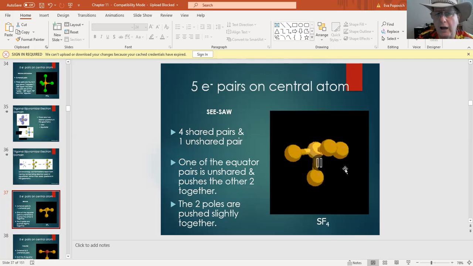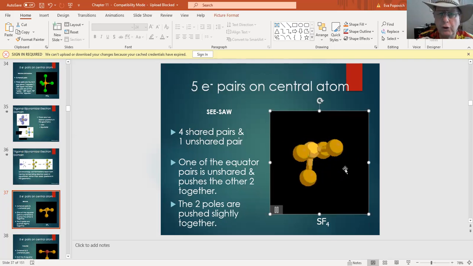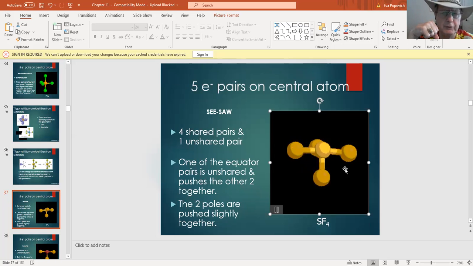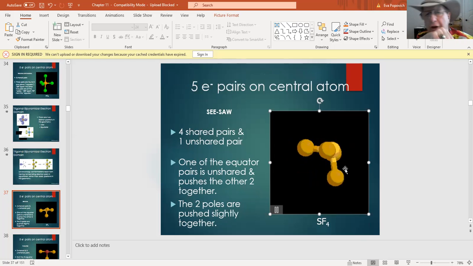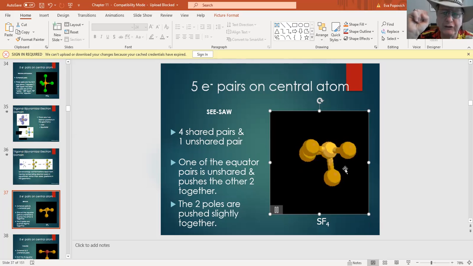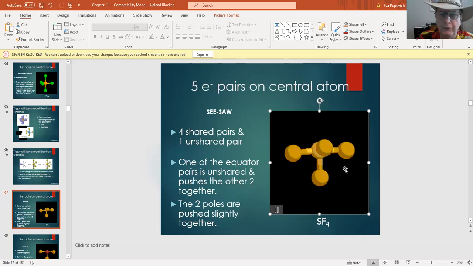If I have 5 electron clouds around my center atom, no lone pairs, I'm going to have trigonal bipyramid shape. 5 electron pairs around there, and 1 is a lone pair. The shape is called seesaw.